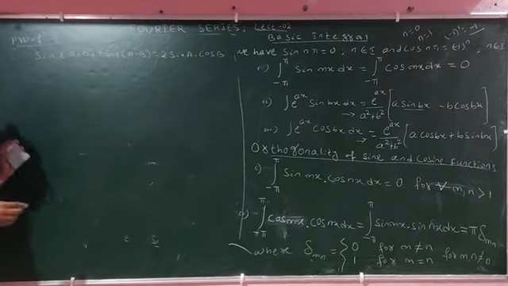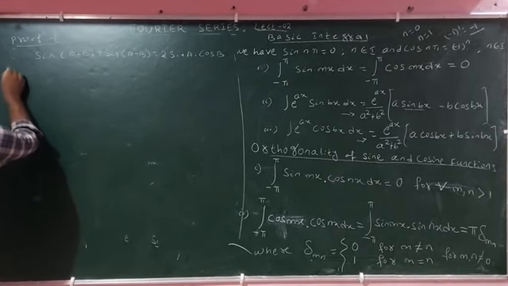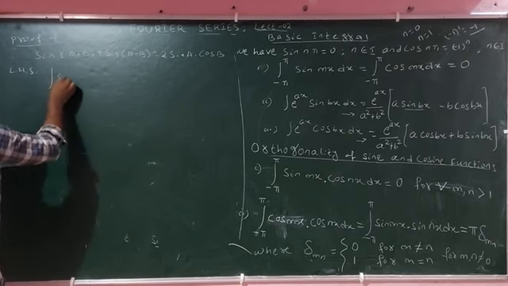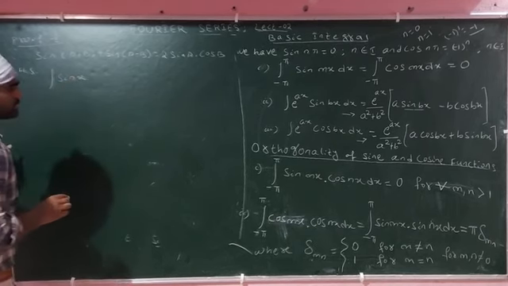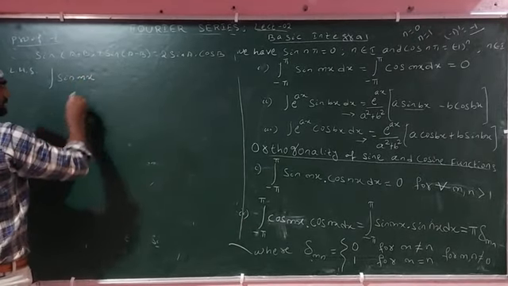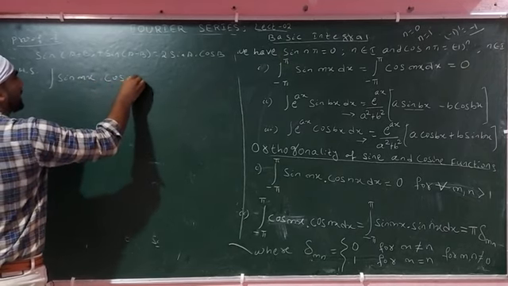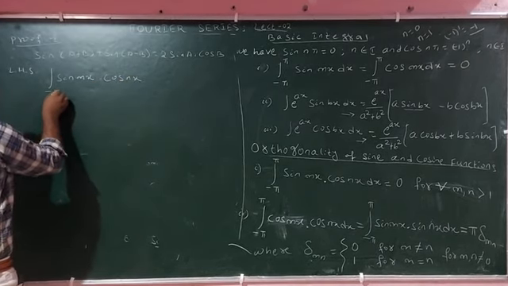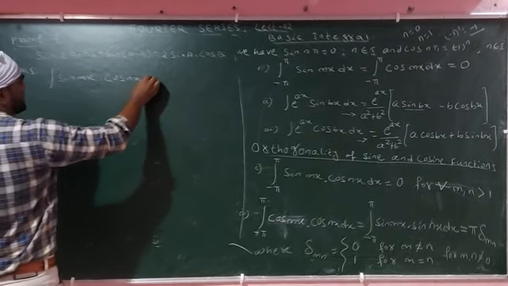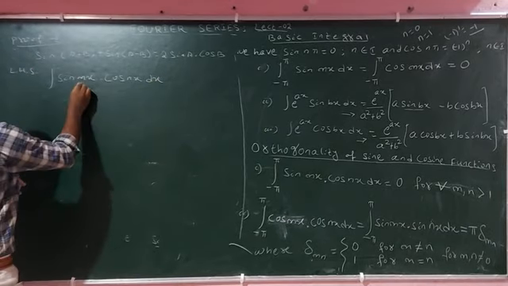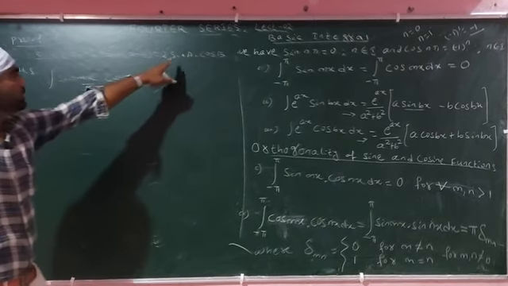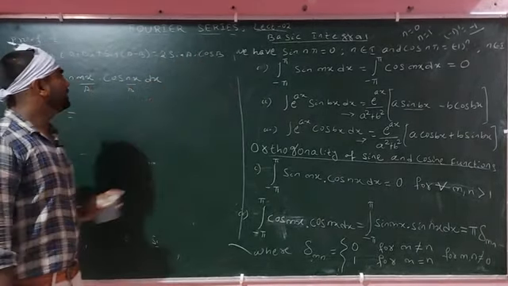By applying the standard trigonometry equation, on the LHS we have the integration from minus pi to pi of sin mx cos nx dx. Let a be mx and b be nx.